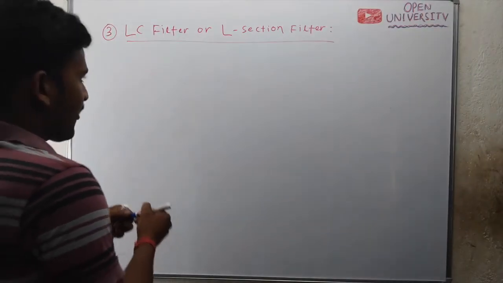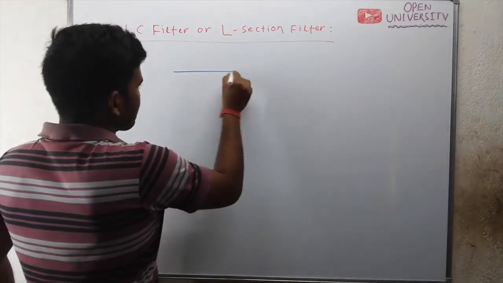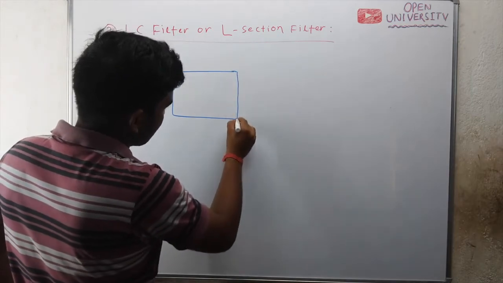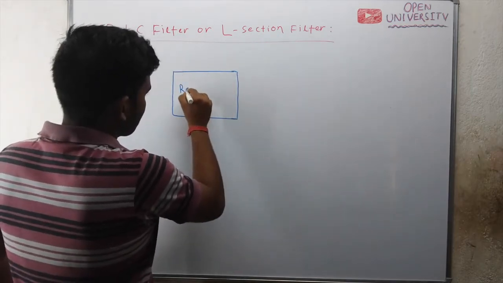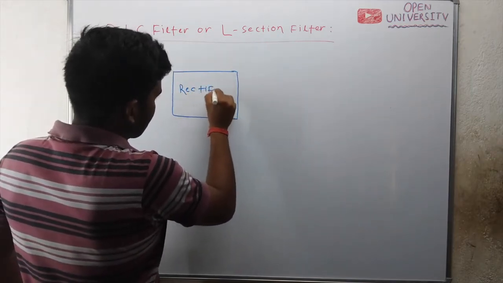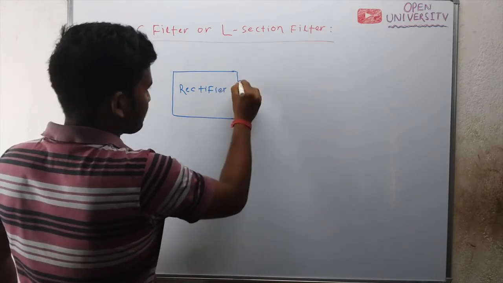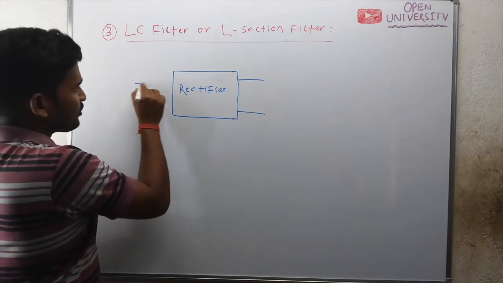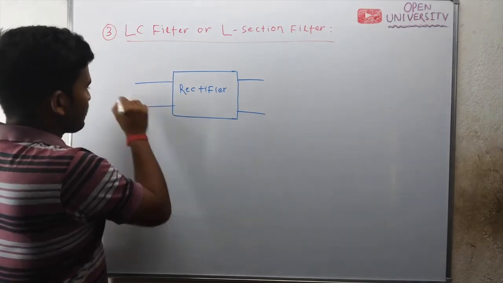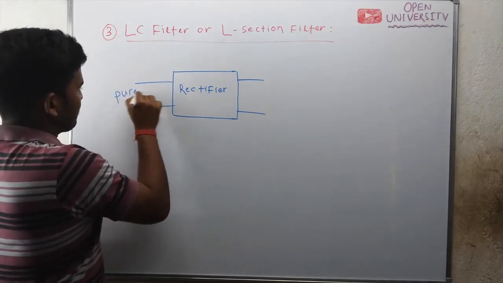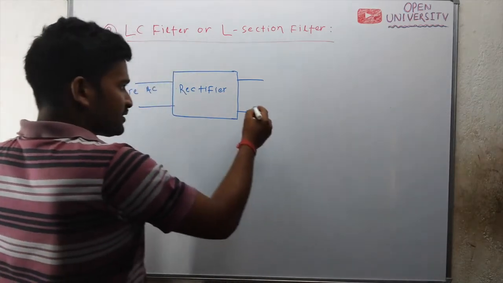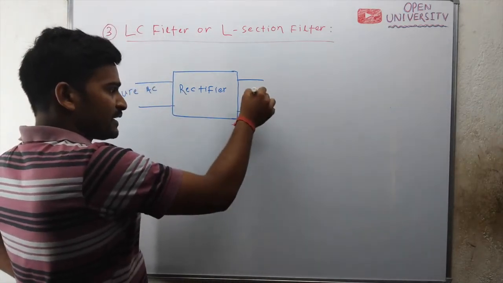See, this is your rectifier. The input of the rectifier is pure AC signal, and the output is a combination of AC and DC.